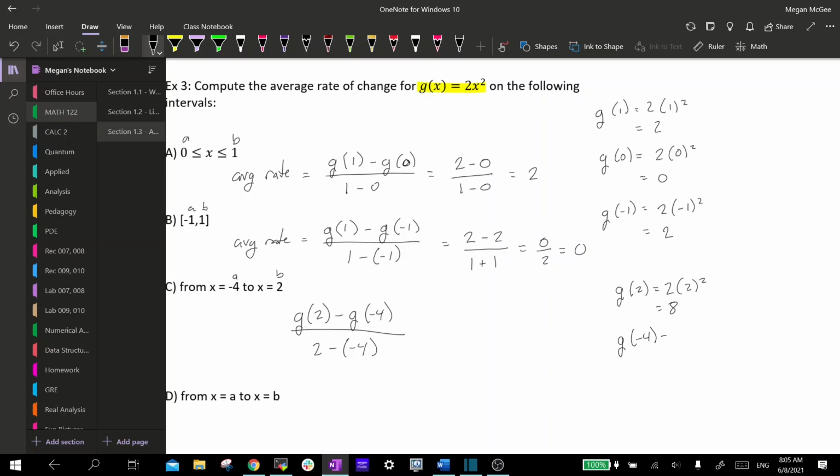And g of -4 is 2 times -4 squared. -4 squared is 16. 2 times 16 is 32. So we end up with 8 minus 32 over 2 plus 4. So we get -24 over 6, which gives us -4.